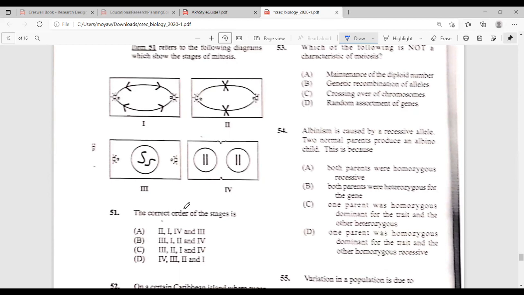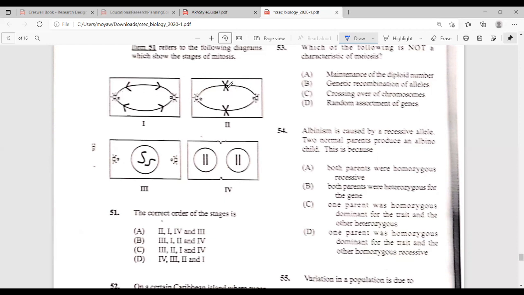So the correct order for the stages is, so we're thinking about mitosis, which is replication of the cells in the body, except the sex cells, because that would have been meiosis. So let us look at it. In I, we can see that the chromosomes are moving towards the opposite poles.